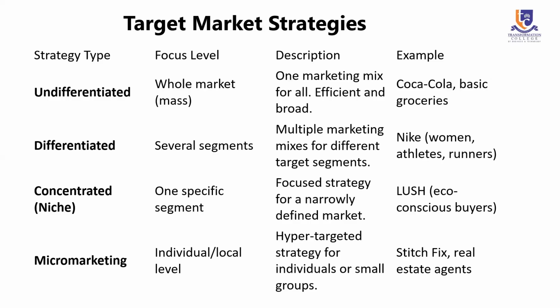Differentiated, of course, is different segments. An example is Nike marketing for women, for this and that. This speaks to what this particular product is for, this particular segment of people. I know we mentioned people that are eco-friendly, and this is where the concentrated niche speaks.